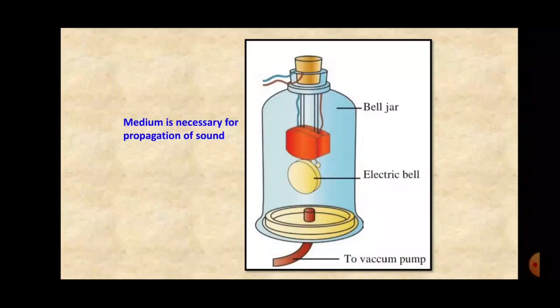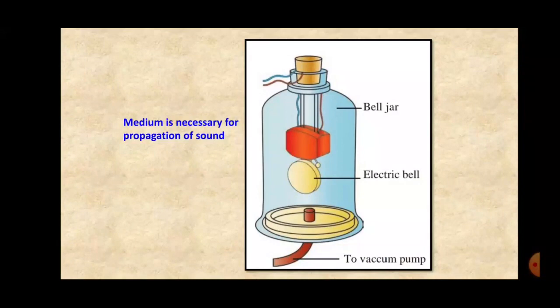Now you can see in the picture we have a big bell jar and it is connected to a vacuum pump. With the help of this vacuum pump, we can remove the air from inside the bell jar, and we have an electric bell inside the bell jar. Now this electric bell is connected to the power supply through the lid.